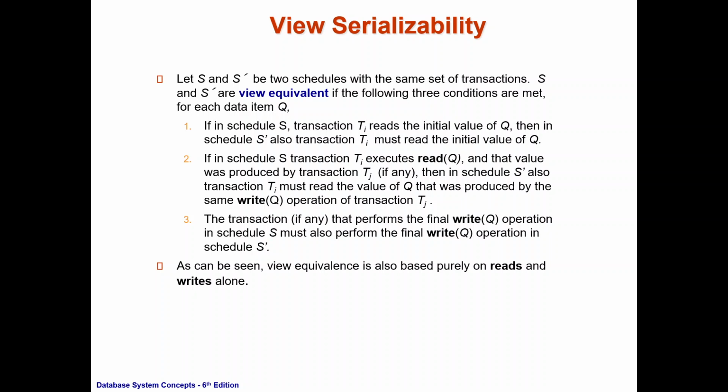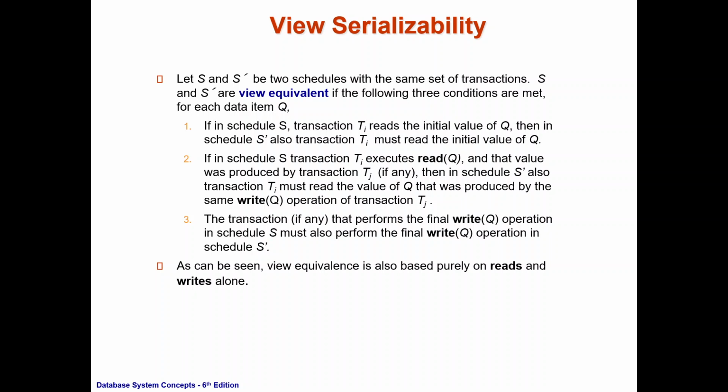What he is telling is, in schedule S, suppose Ti reads the initial value of Q, then in the equivalent schedule S dash also Ti must read the value of Q. Then the second one: if in schedule S transaction Ti executes read of Q, and that value was produced by transaction Tj, then in schedule S dash also transaction Ti must read the value of Q produced by Tj. Anyway, these are the conditions necessary for view serializability.